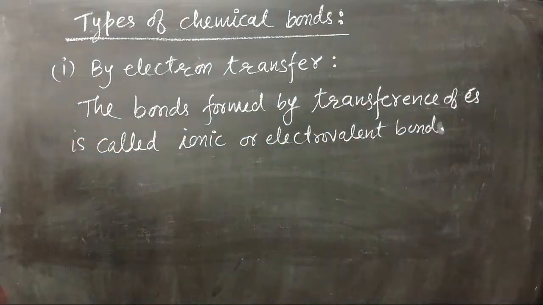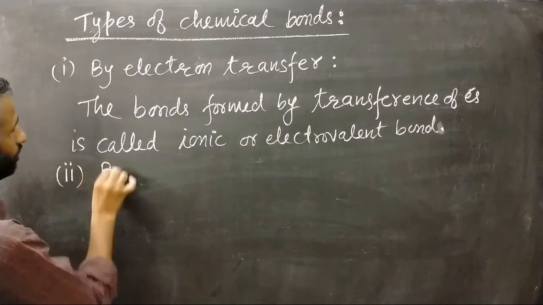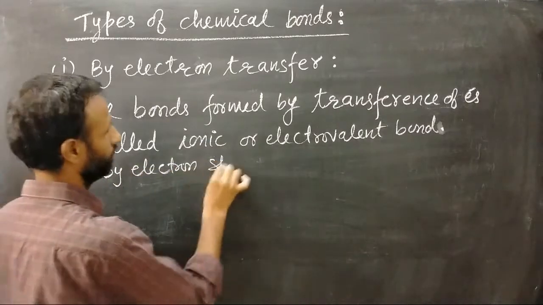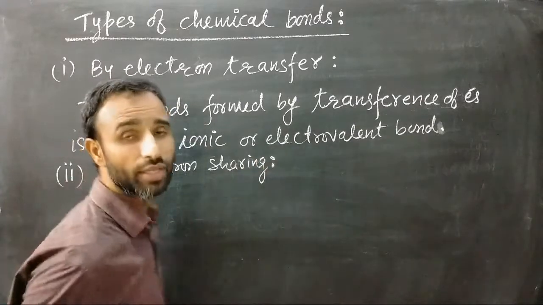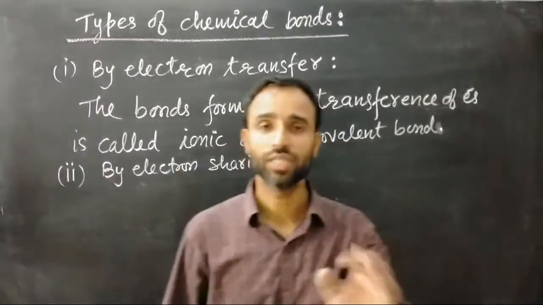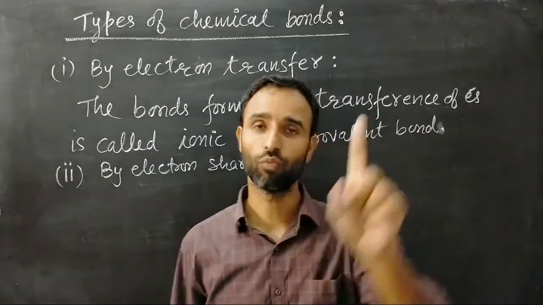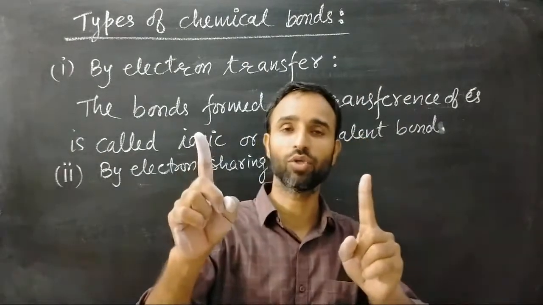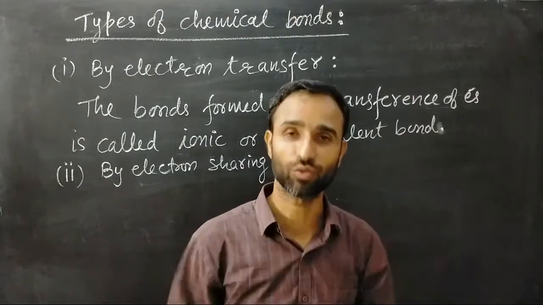Second is by electron sharing. In sharing, there is equal contribution from both the atoms. It means if the first atom contributes one electron, then the other atom also contributes one. So that is called mutual sharing of electrons.